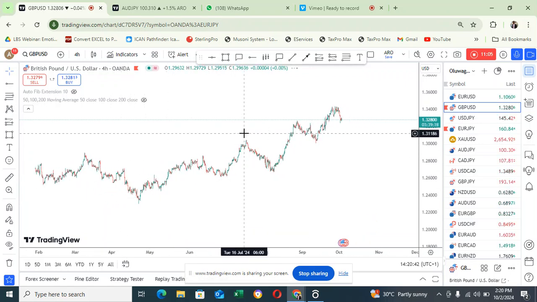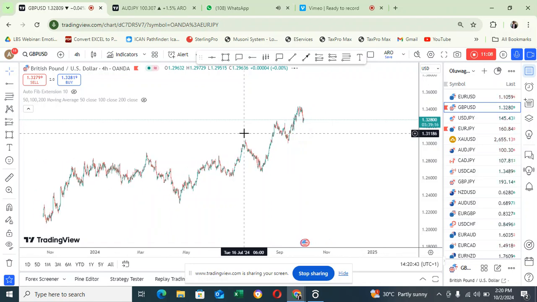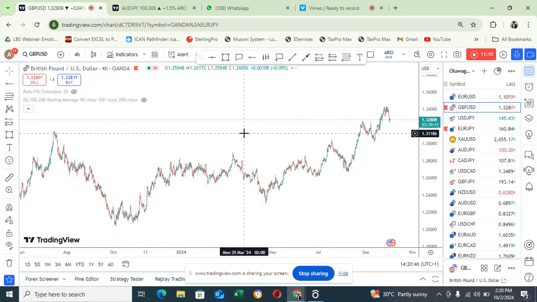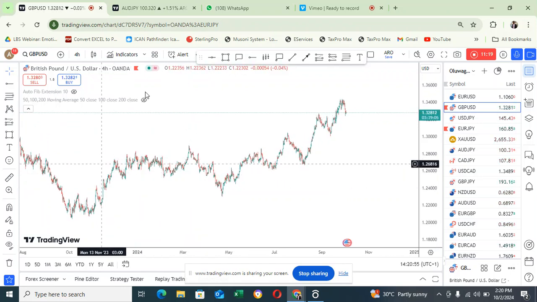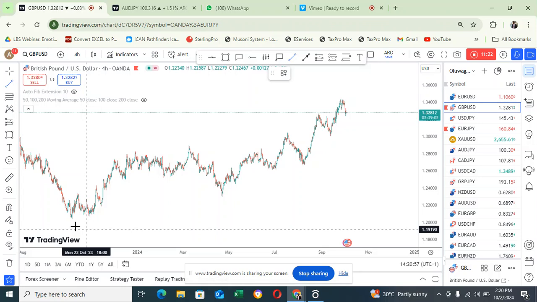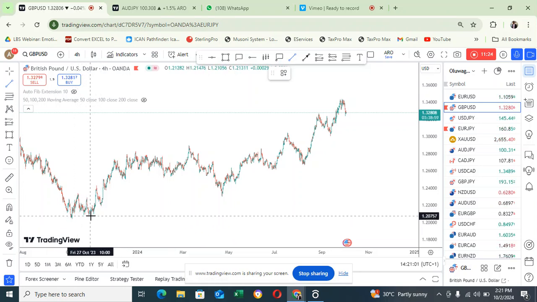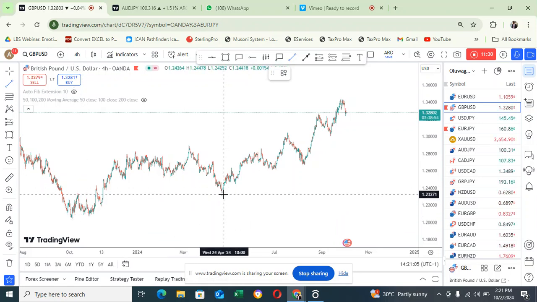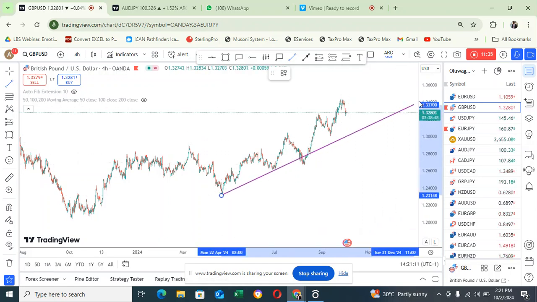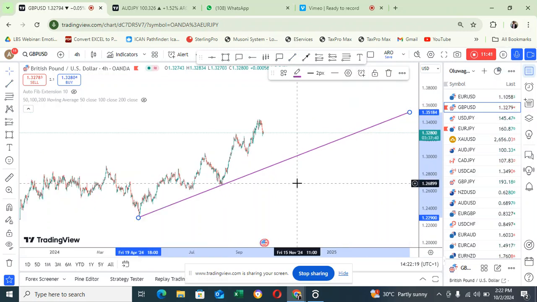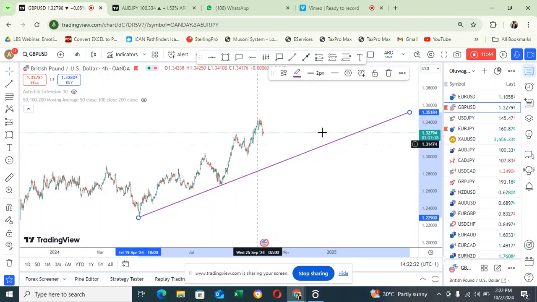For us to believe that the market is in an uptrend, as I said earlier, you zoom in your charts to the most obvious area. So this is our most obvious area, and you can see that the market was in an uptrend.